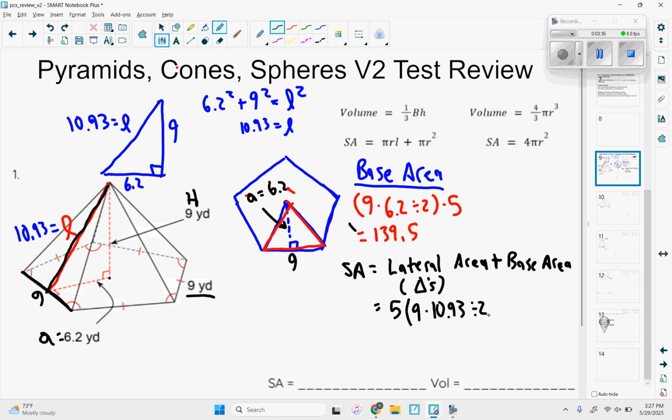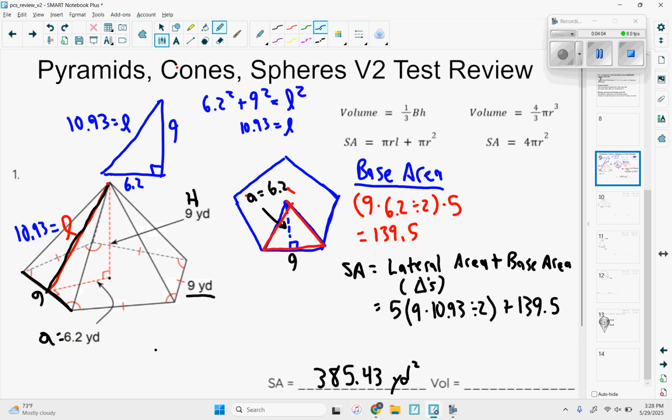It's a triangle, so divide by 2. We have 5 of those total. And then we add in our base area, which we already found was 139.5. So we're going to go ahead and calculate that, and we're going to get a surface area of approximately 385.43. And this is surface area, so yards squared.